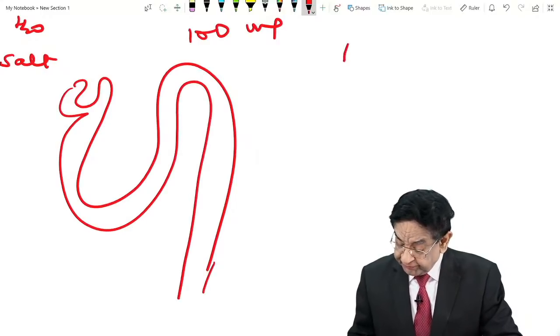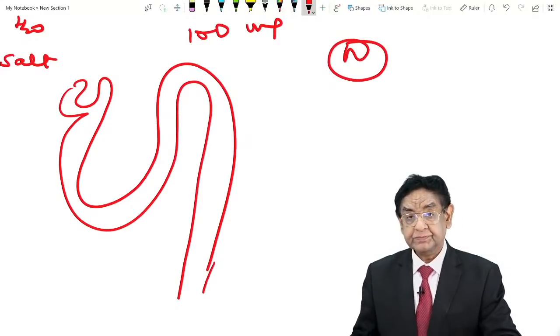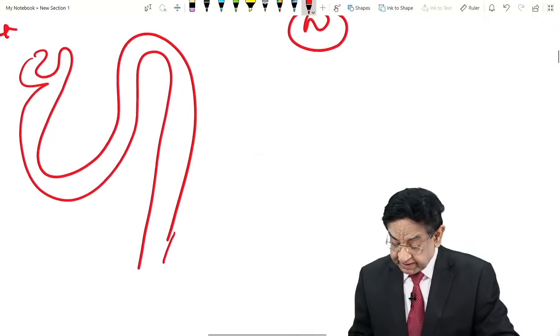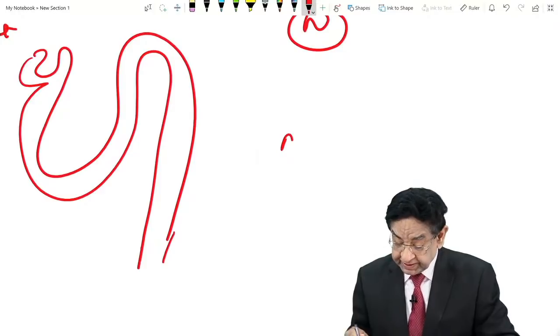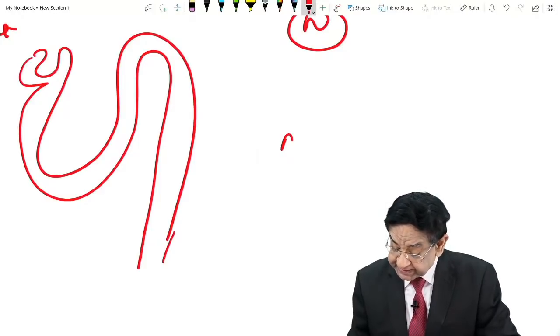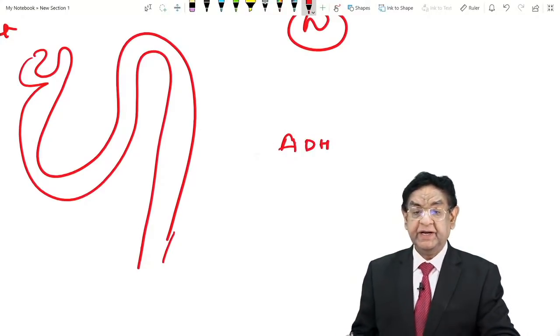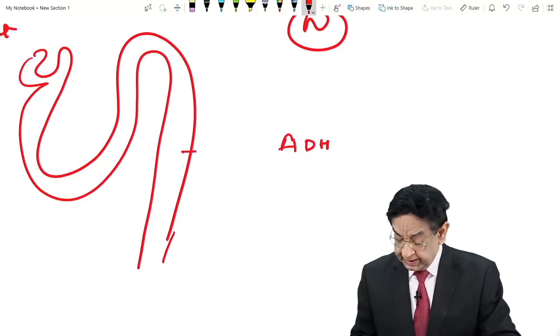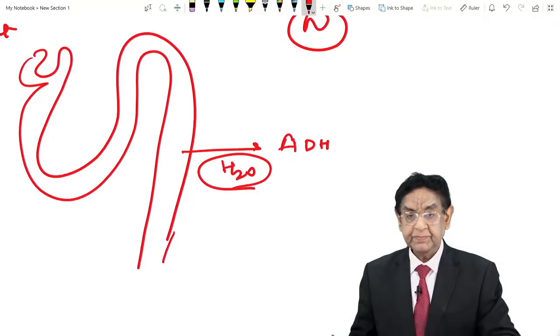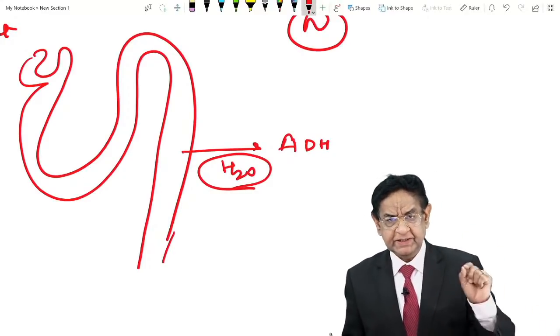In normal physiology, we know that in the collecting duct, anti-diuretic hormone, ADH, acts on the collecting tubule and absorbs only pure water. It has nothing to do with sodium.